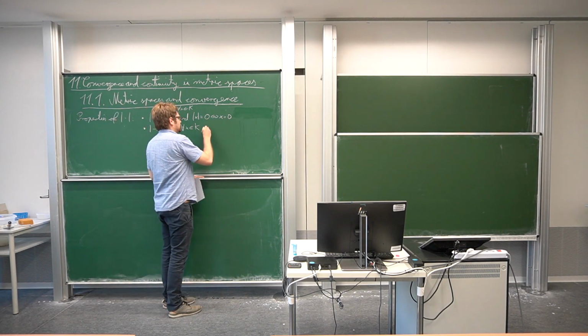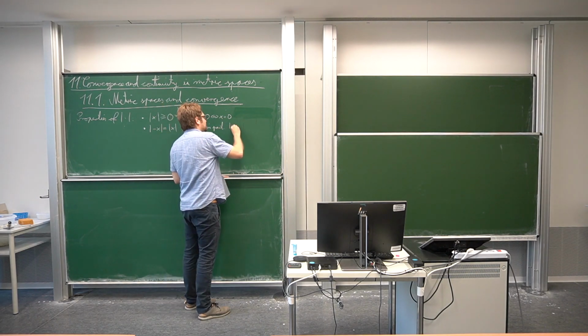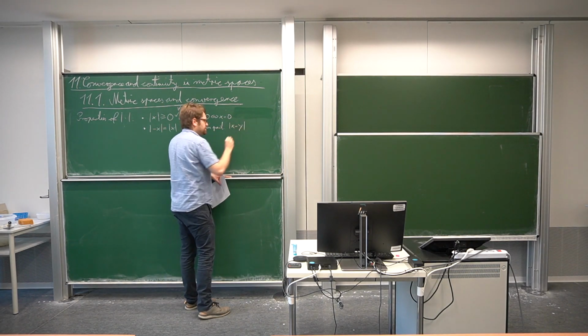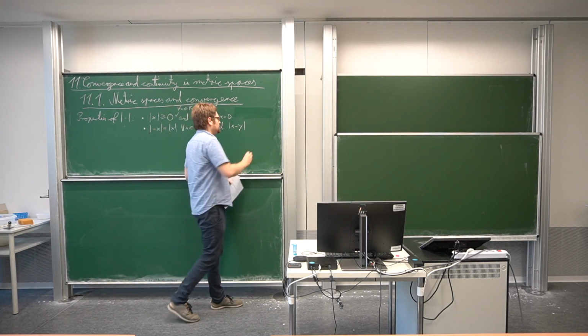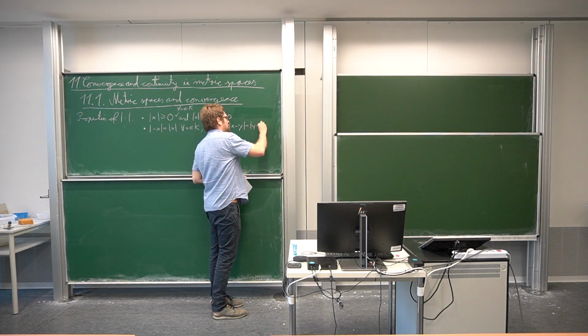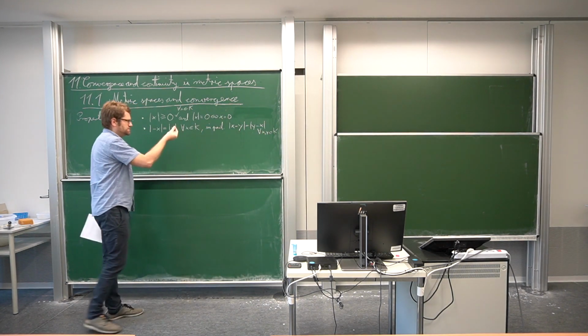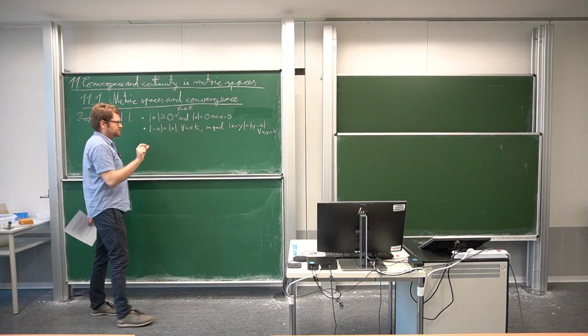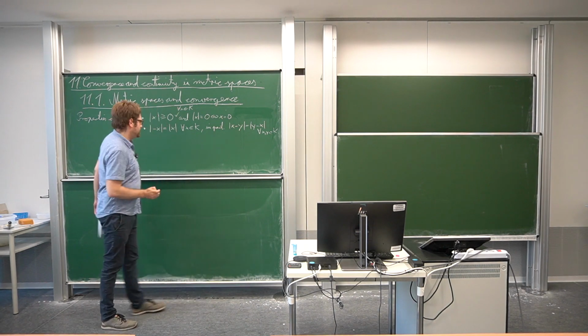And this means, in particular, it has some consequence. We always had absolute values of differences, x minus y. And since this minus doesn't change it, this is always the same as the absolute value of y minus x for all x, y in K. So this doesn't matter. This would be some measure of the distance of x and y.